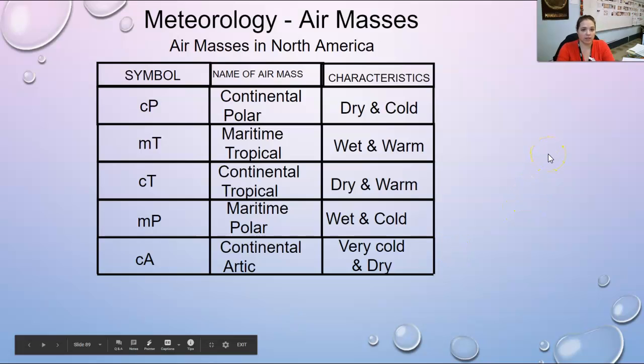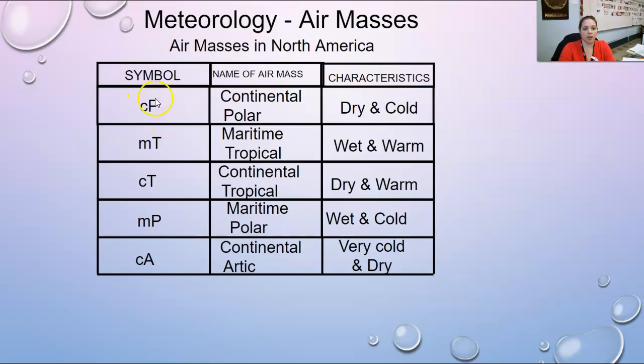All right, so combining them all together. So look at this. You've got the lowercase c and a capital P. So that's continental polar, which means continent is dry, polar is cold. mT. M, remember if you flip it over, it looks like water. M is maritime. T is tropical.